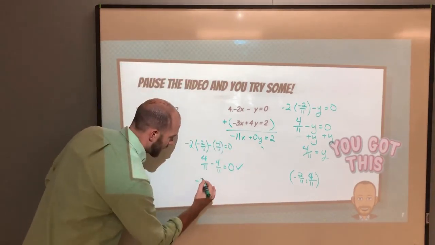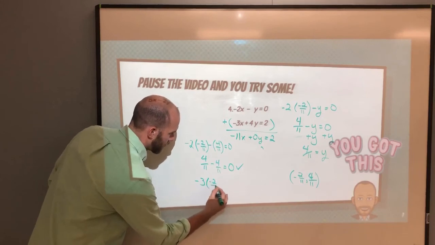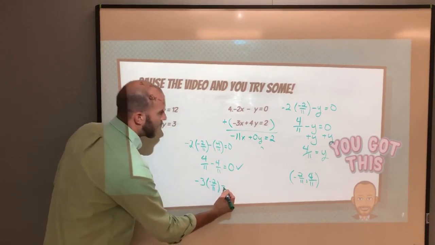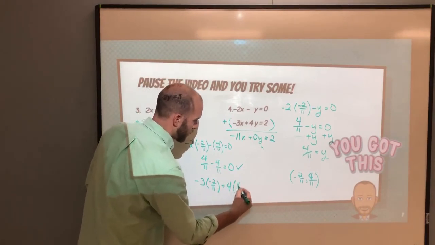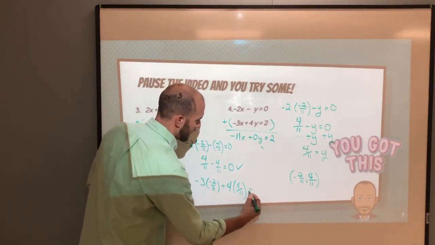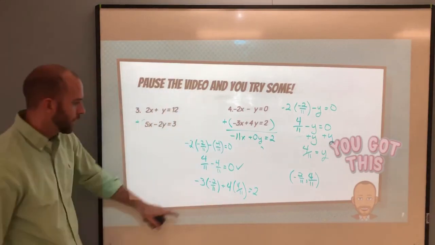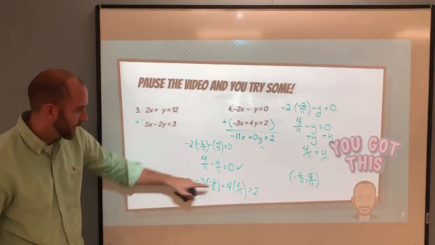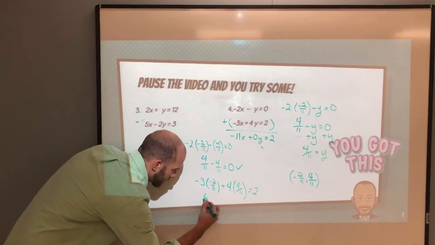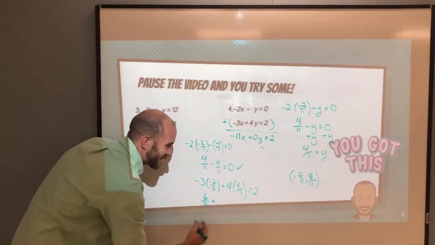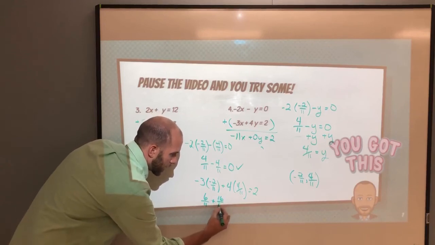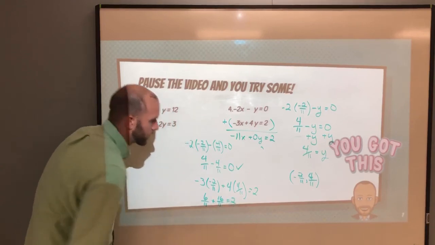Negative 3x, so negative 3 times negative 2 elevenths plus 4 times 4 elevenths. Does that equal 2? Okay? So negative 3 times negative 2 is 6 elevenths. Plus 4 times 4 is 16 elevenths. Does that equal 2?